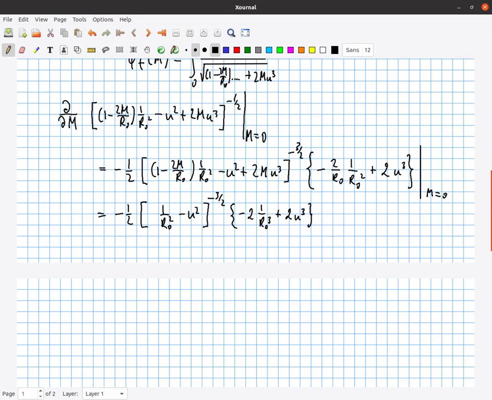We now have all the terms that we need. You see here that the 1/2 cancels those 2's, and there is a minus sign here. One over r0 squared minus u squared, to the minus 3 over 2. And here we then get this minus times this minus becomes a plus. 1 over r0 to the 3, and this plus becomes a minus because of this minus.